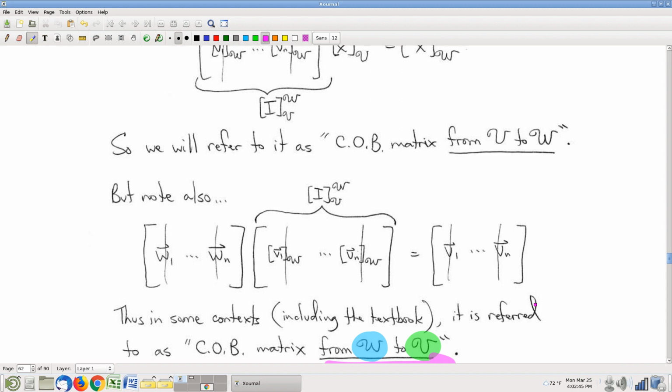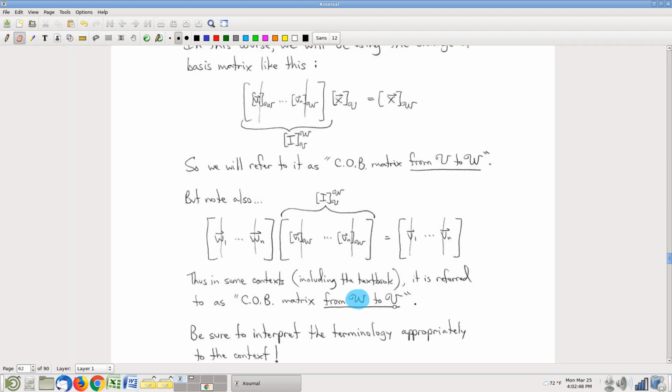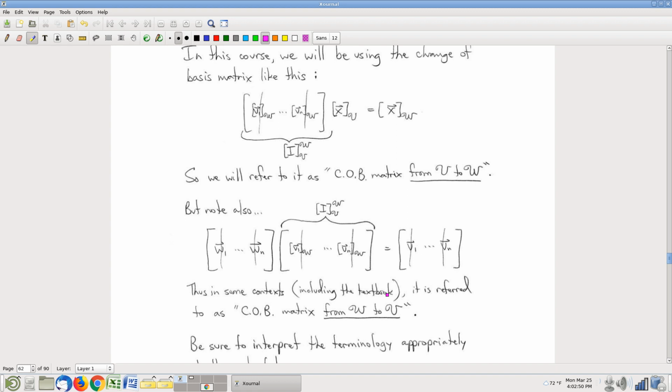And let me zoom out so I can fit all this on the page. Let me remind you, here are our two situations.